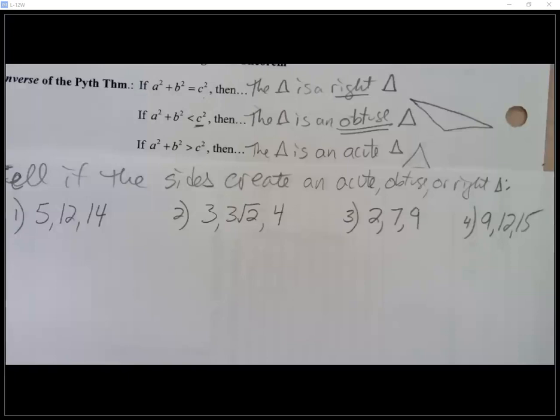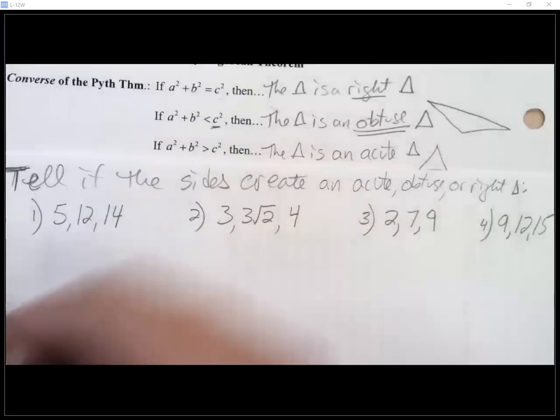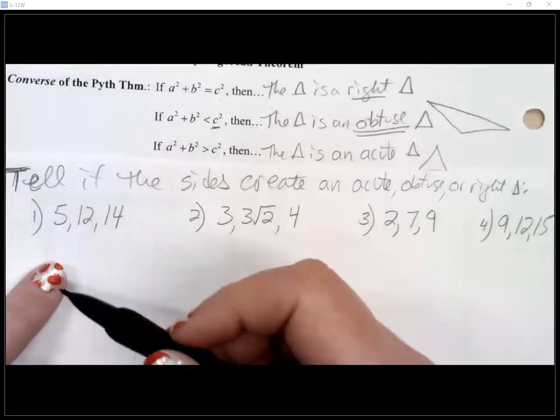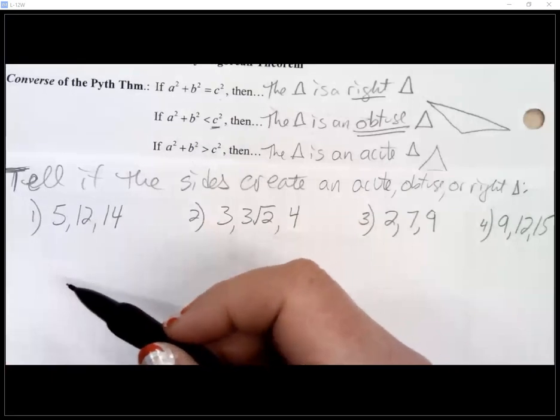You ready to go? So, okay, number one, what type of a triangle does that make? Obtuse. I agree. I'm gonna do this one out just in case you're not really sure how you're doing this. So you need to test, first of all, you got to figure out who's A, who's B, who's C. It does not always go in order. Who is the most important?